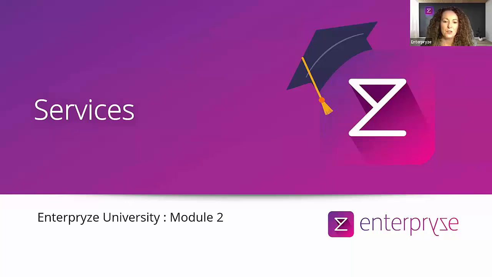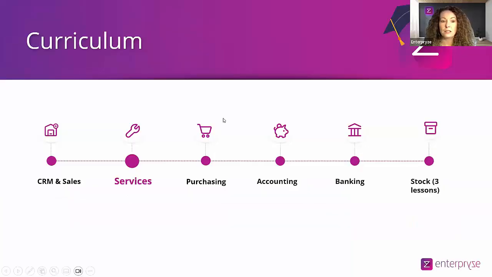So let's dive right into Module 2 on services, and let's look at what we are going to cover off, and just to touch base with the curriculum that's ahead of us. If you joined me for the first module 2 weeks ago, we covered everything in relation to CRM and sales. Today we're all about services, and then we'll move on to procurement.